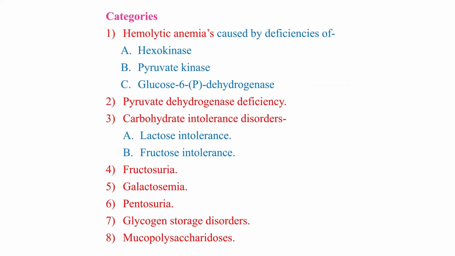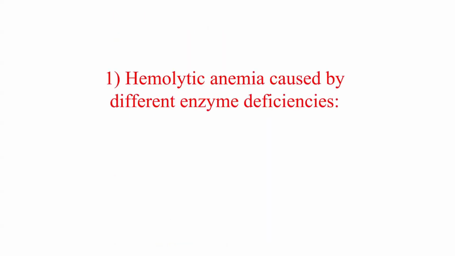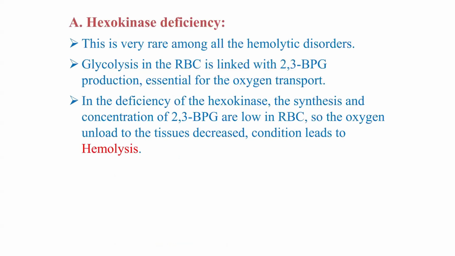And then we're also going to look at pyruvate dehydrogenase deficiency, carbohydrate intolerance disorders, which include lactose intolerance, fructose intolerance, and fructosuria, galactosemia, glycogen storage disease, and mucopolysaccharidosis. So let's start with the hemolytic anemia.